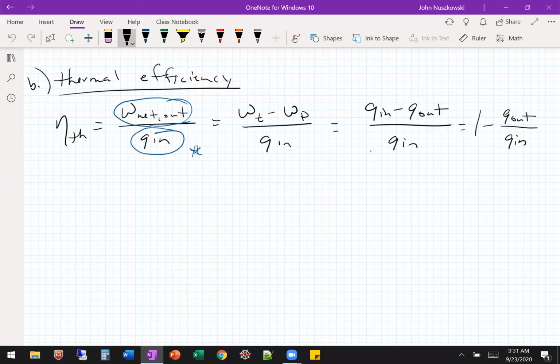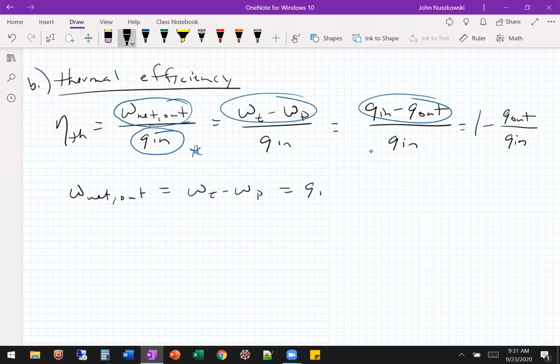Q in, so COE, and work net out. Our work net out is either this version or this one. Work net out is either the work of the turbine minus the work of the pump, or it's Q in minus Q out.